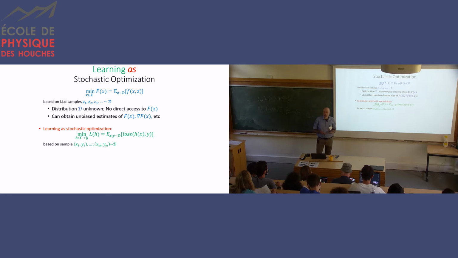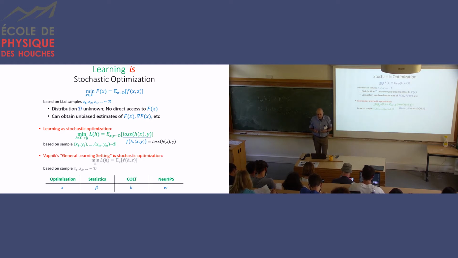And we want to do that based on samples from the population. This is exactly a stochastic optimization problem, where our objective is our instantaneous loss on an example. In fact, learning is a special case of stochastic optimization.